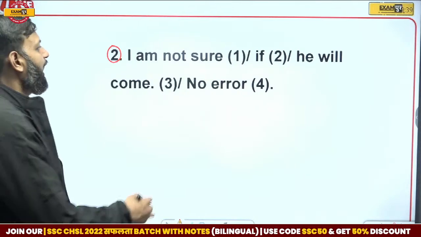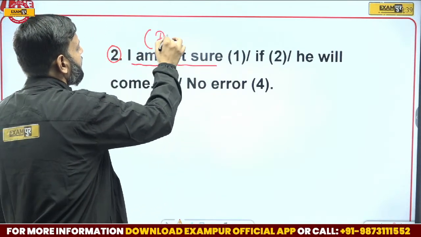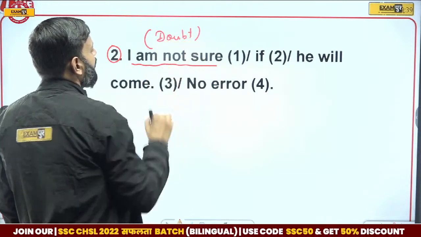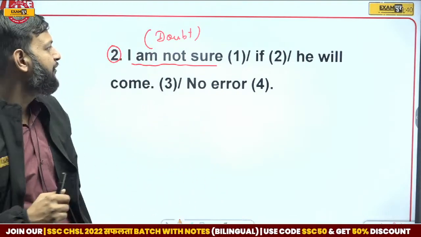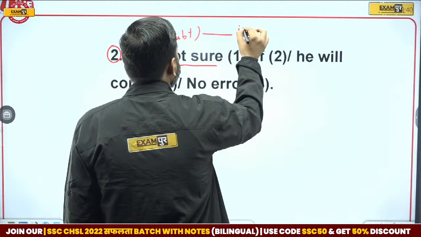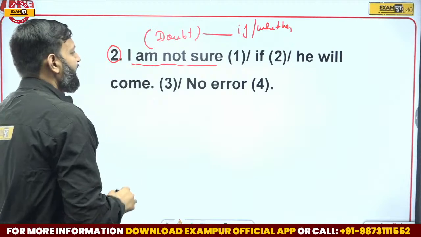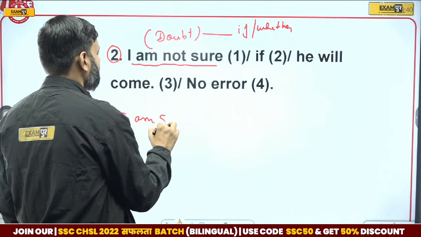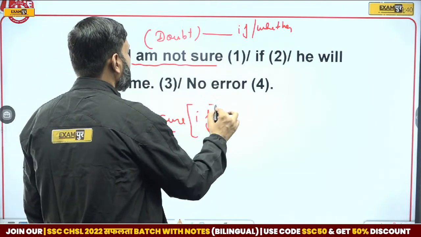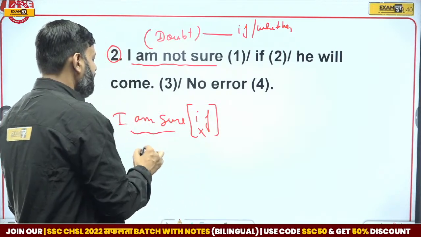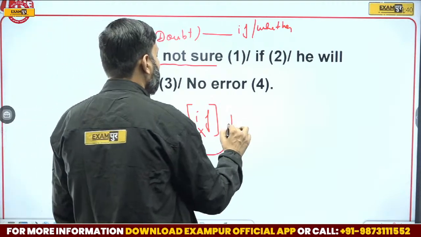See, I am not sure. I am not sure means doubt is there. When we write I am not sure, it means doubt is there. And whenever we talk about doubt, we use if or whether. If the sentence were I am sure if, in this case the use of if would have been wrong, because if there is no doubt, we use that.